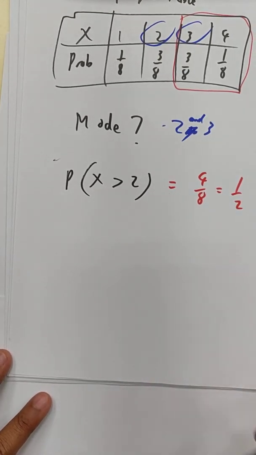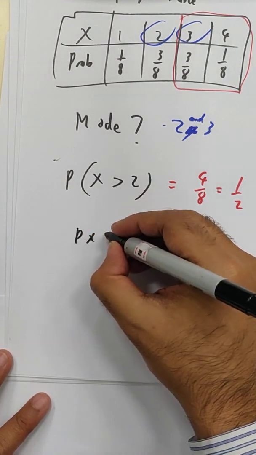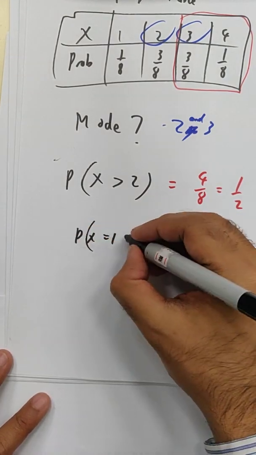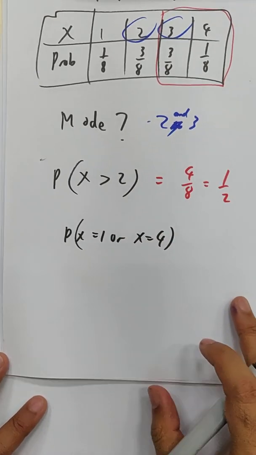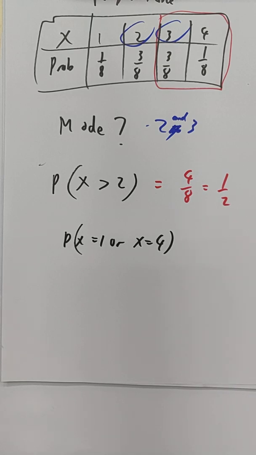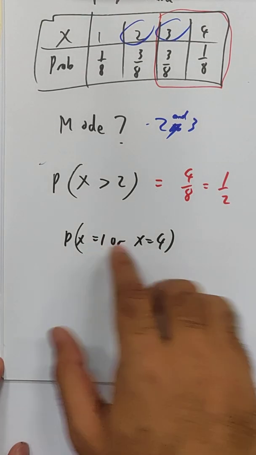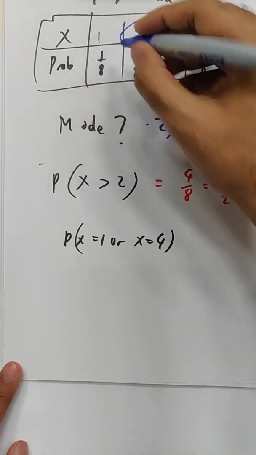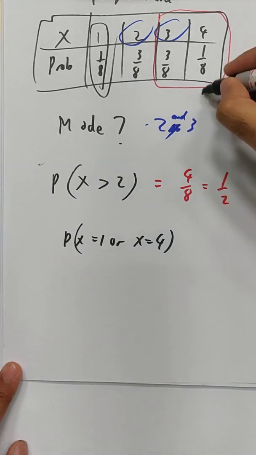Now if I ask you, oh, this is something interesting. P(X equals to 1 or x equals to 4). This is interesting. What do you think? 1 is this one here. 4 is over here.